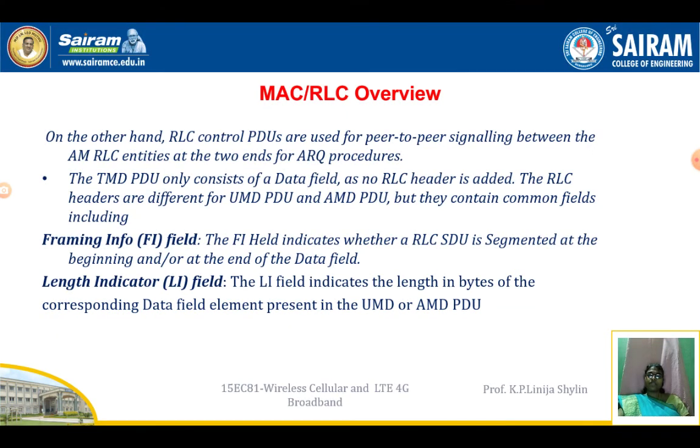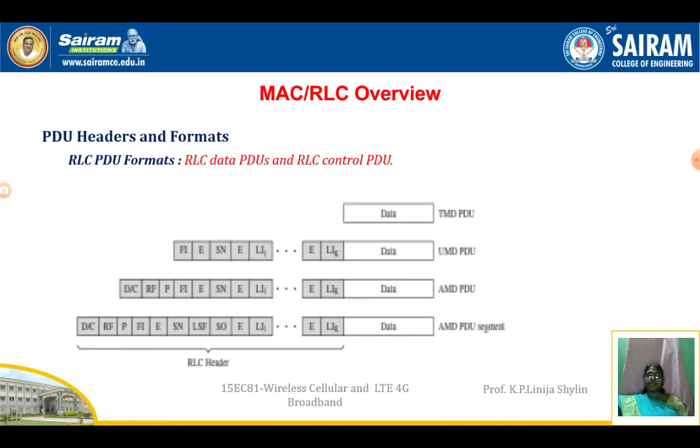Here you see the diagram for FI. What will this FI indicate? It will indicate whether an RLC service data unit is segmented at the beginning or at the end of the data field.